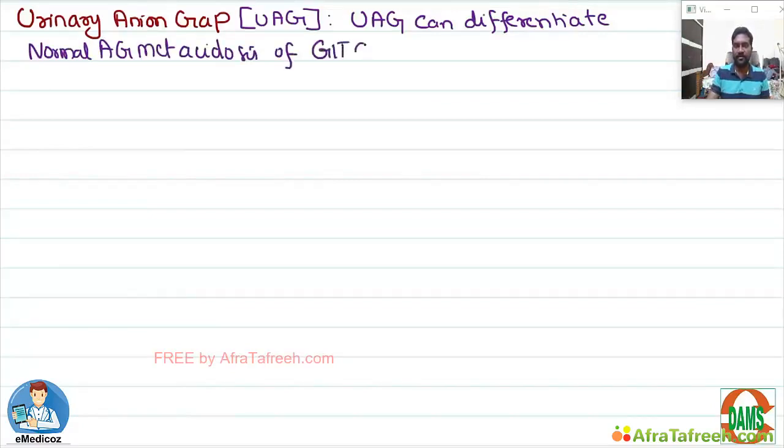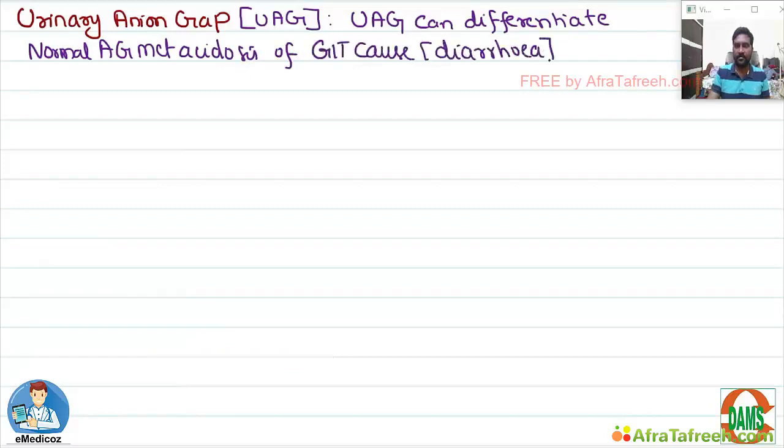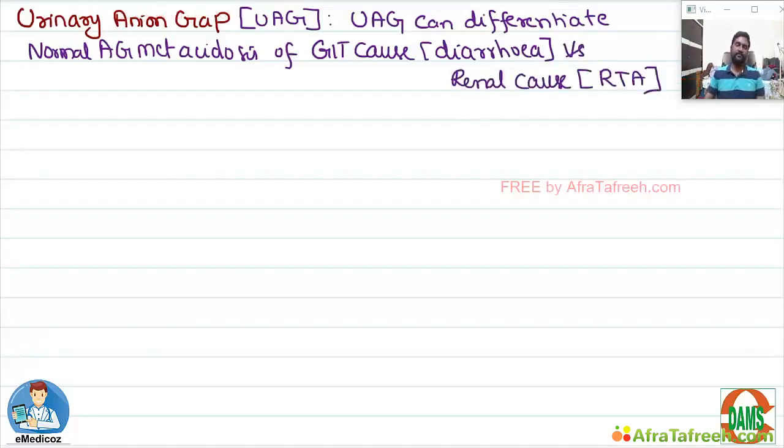The GIT cause commonly encountered is diarrhea, versus a renal cause, commonly encountered is renal tubular acidosis. So generally, urinary anion gap can differentiate normal anion gap metabolic acidosis of GIT cause such as diarrhea versus renal cause, that is renal tubular acidosis.